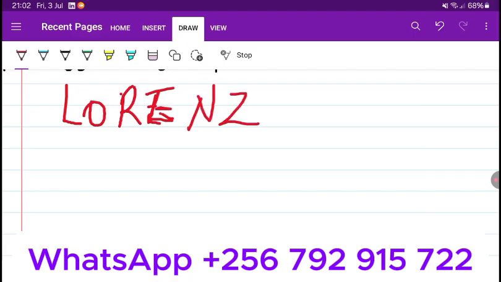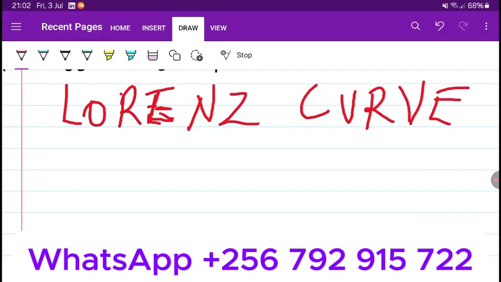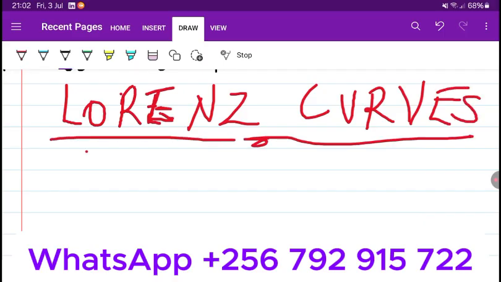Lorenz curve, or Lorenz curves. A Lorenz curve is composed of a cumulative percentage frequency curve of the less than type.